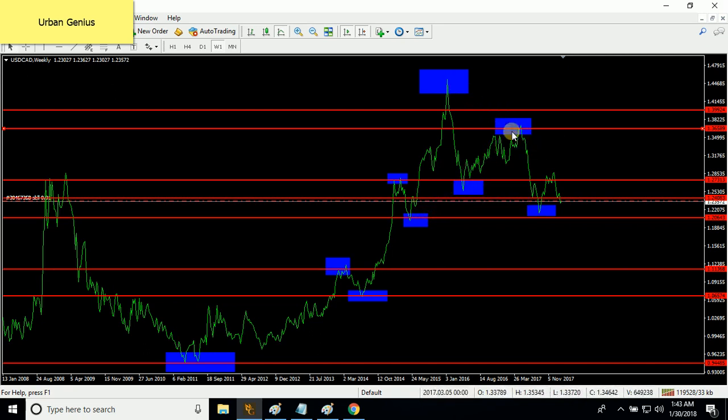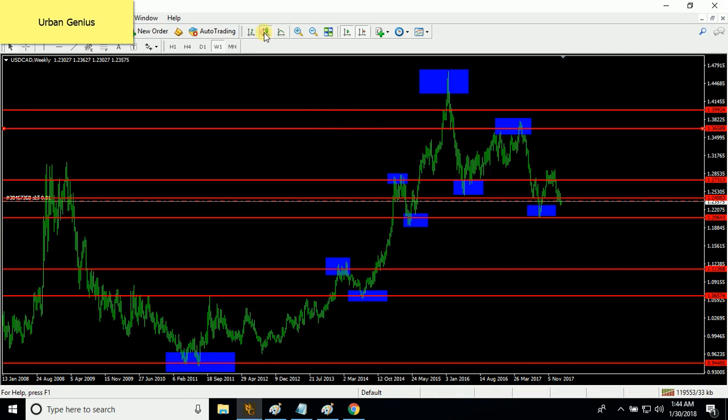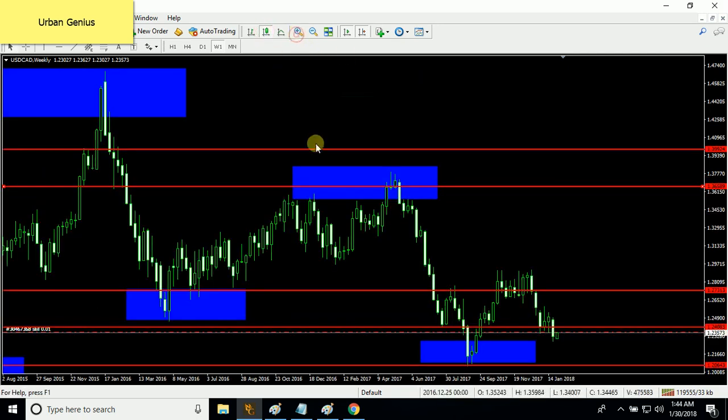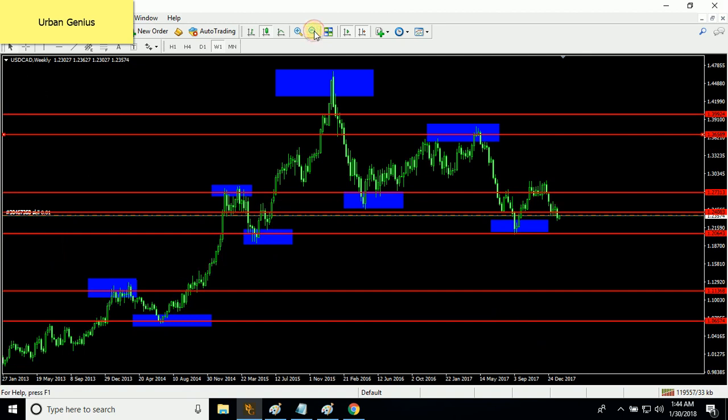Trend change. Lower high. Lower low. So now with looking at our candles, this is what we got in here.